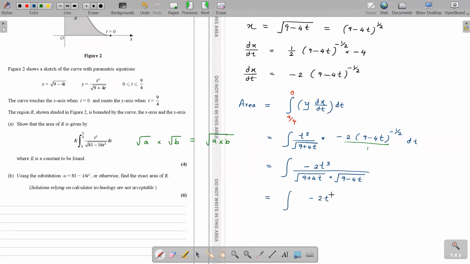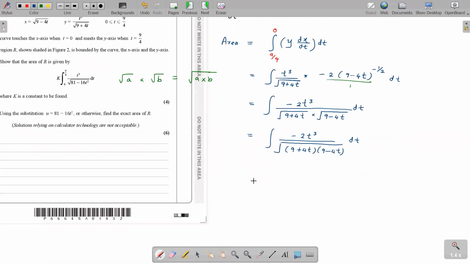Integration of minus 2t cube. Inside a single root, we multiply 9 plus 4t with 9 minus 4t. The whole thing is with respect to t. So inside the root, what do we have now? 9 minus 4t into 9 plus 4t. This is actually a difference of two squares, right?